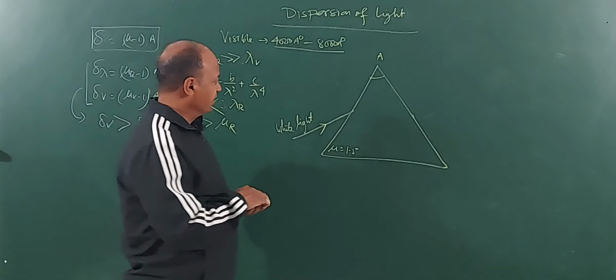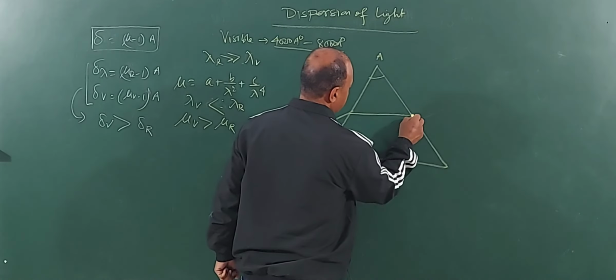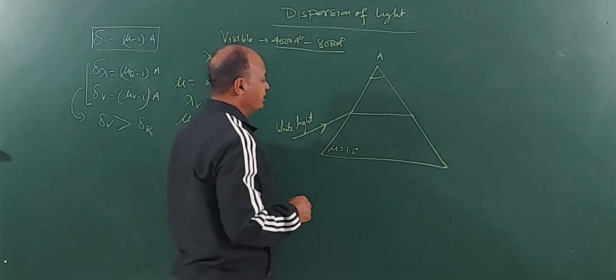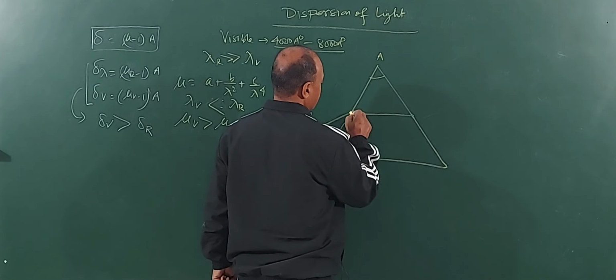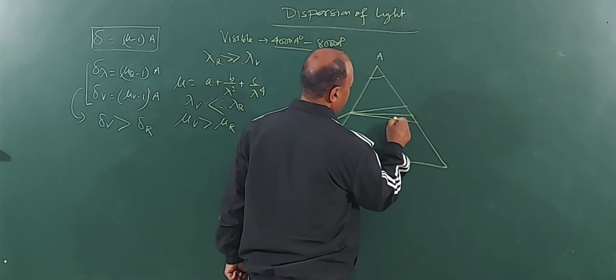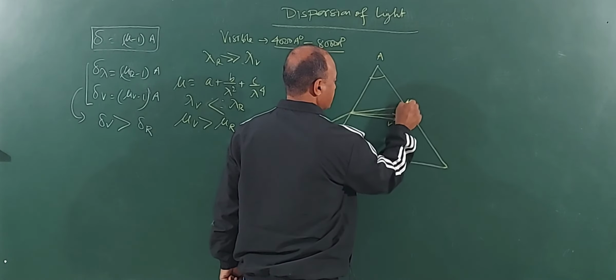So when we see a white light striking a prism, then something like this happens. Violet will be in maximum. What will be in maximum? Violet. And then this is violet. In the middle, this is yellow, and this is red.